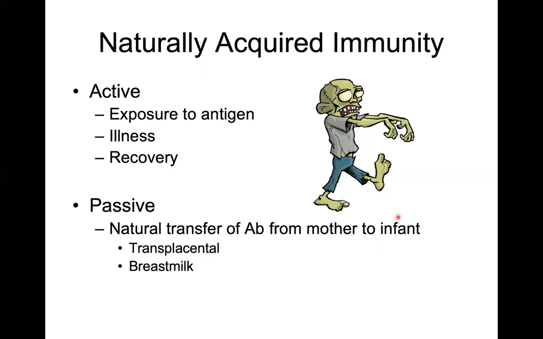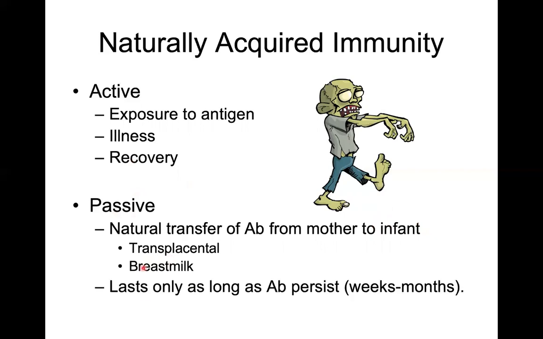And so again, remember, this newborn hasn't encountered anything yet because it hasn't lived that long. And so it's receiving passively acquired immunity through breast milk or transplacentally. Again, this only lasts as long as the antibodies exist within the system. Remember, the B cells in this individual, the recipient, hadn't gone into memory yet because those B cells were never activated in the first place.